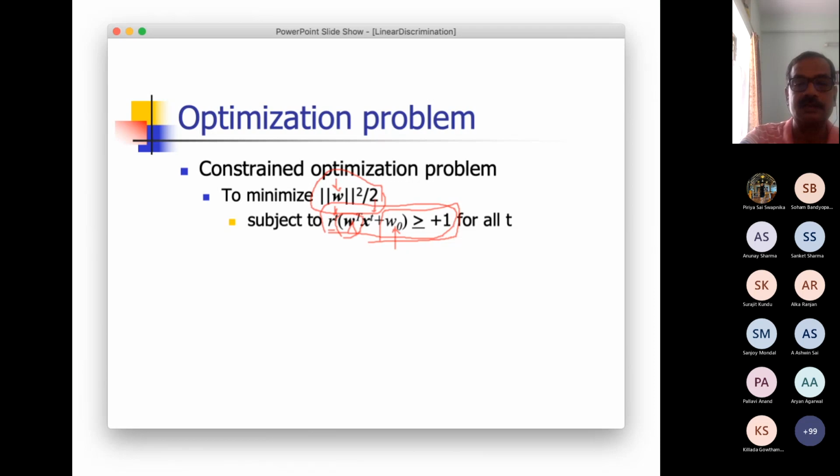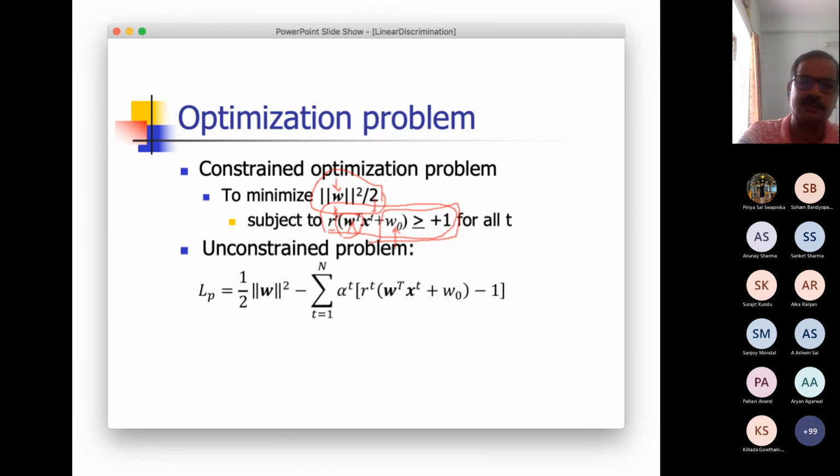Optimization problem. So to make it an unconstrained problem, as you know, we can use the Lagrangian multipliers, where all those constraints are in linear form. So you have a quadratic term in the objective function, and you have linear constraints. So it's a very ideal case for a convex optimization problem. So these are the Lagrange multipliers that you will be using for each constraint.